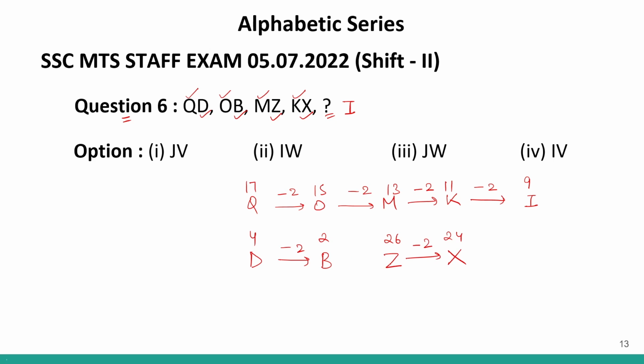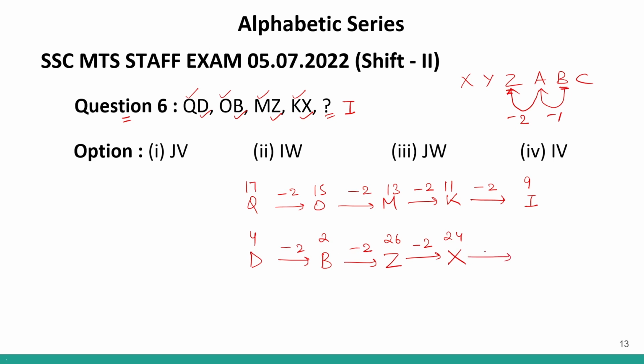Now if you look at B to Z, if you remember looping X, Y, Z, A, B, C, going backwards from B to Z is minus 1 and then minus 2. So B to Z is also minus 2. So we have the same pattern of minus 2, minus 2, minus 2.